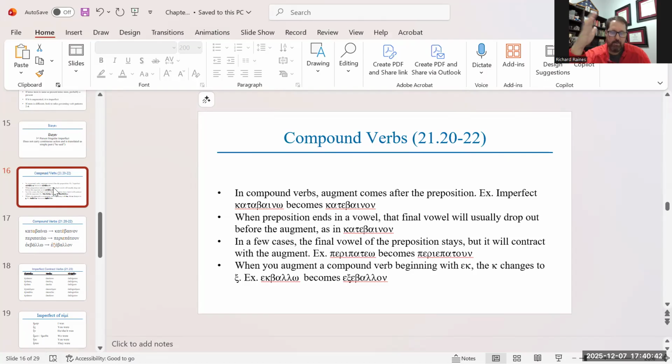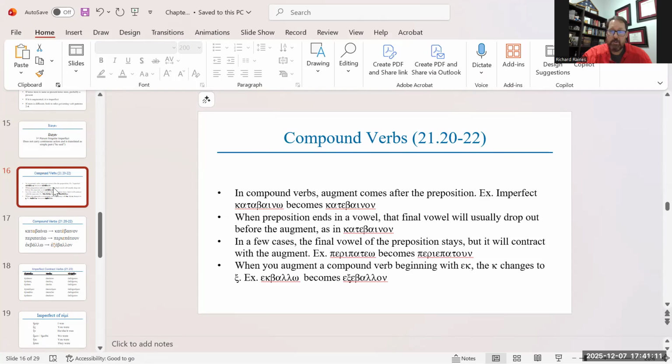It'll contract, and then your rules governing contractions will take over. And then lastly, when you augment a compound verb beginning with ek, the kappa changes to an xi. The example here is ekballo, which becomes in the imperfect exeballon. Just more rules you have to memorize.